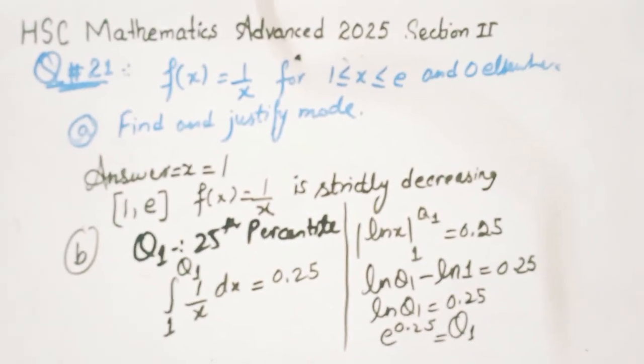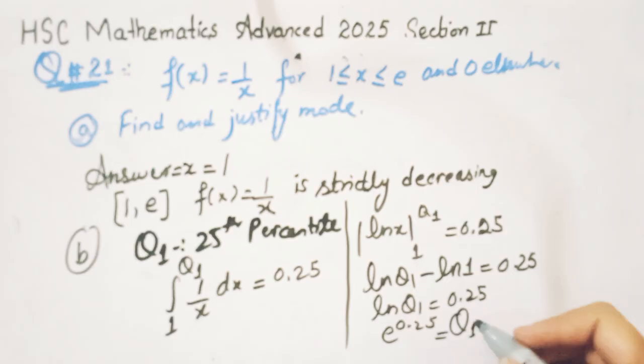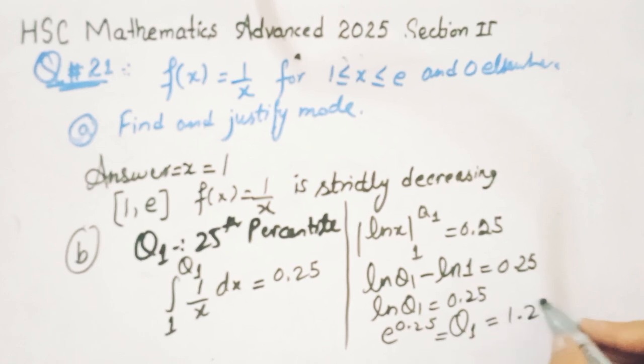So this is the answer. Final answer: when you solve this with the help of a calculator, e raised to power 0.25 is 1.284. So this is the final answer.